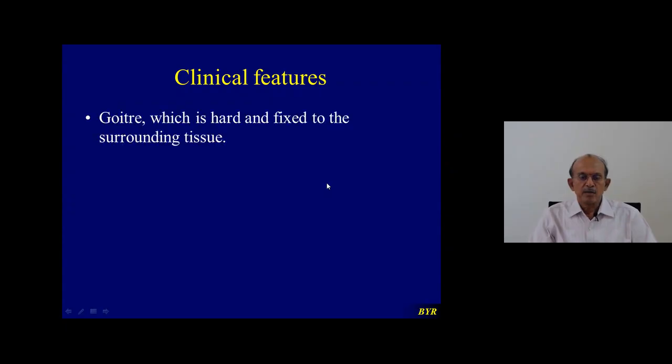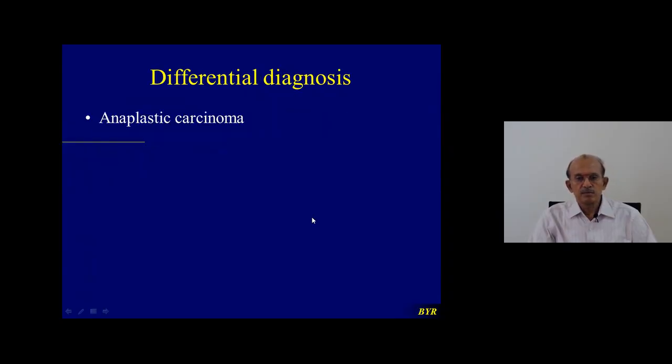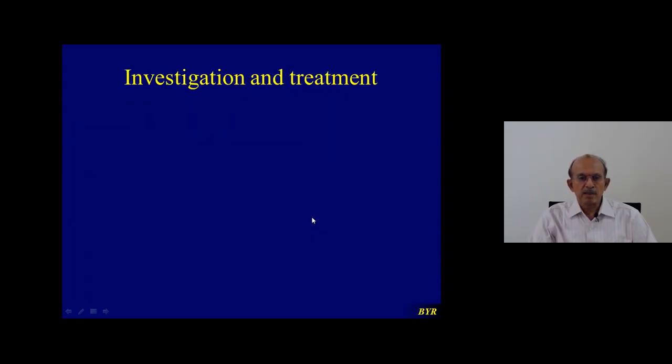Clinical features: there is presence of goiter, which is hard and fixed to the surrounding tissues. It pursues a very slow and chronic course. So by that we can differentiate from anaplastic cancer. Differential diagnosis from anaplastic cancer.